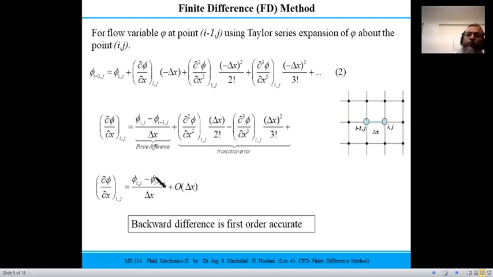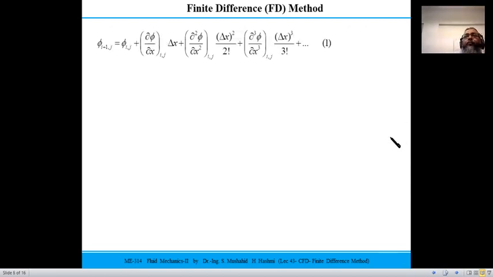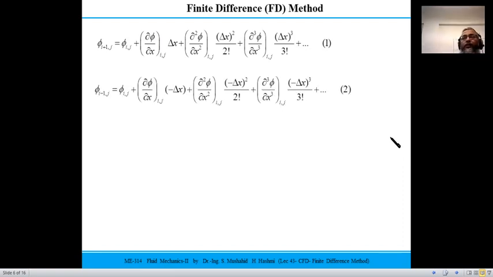This variable phi could be anything: velocity, pressure, temperature, any variable. So I must have knowledge of that previous point so that I can calculate the derivative at point i comma j. So we have dealt with the first derivative. The first equation is for forward difference, and the second equation, equation number 2, is for backward difference.